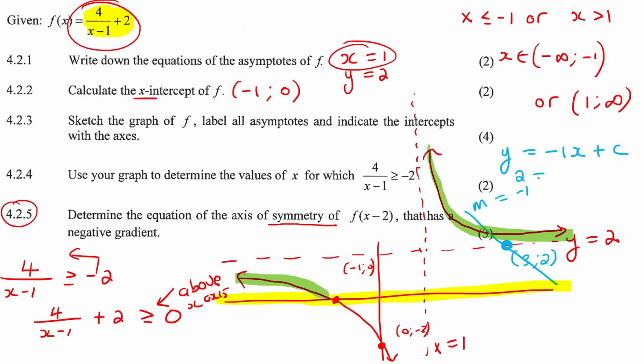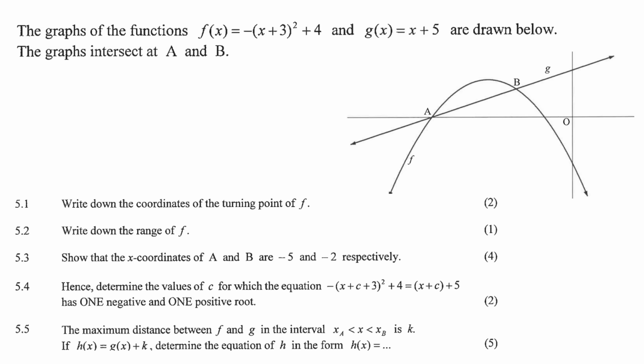So y will be 2 and x would be 3. And then if you work out c, you would end up with 2 plus 3, which is 5. And so y is -1x, because the gradient is always -1, and they asked us for the -1, and then plus 5. The graphs of the functions, okay, then they give us a graph of f, which is a parabola.